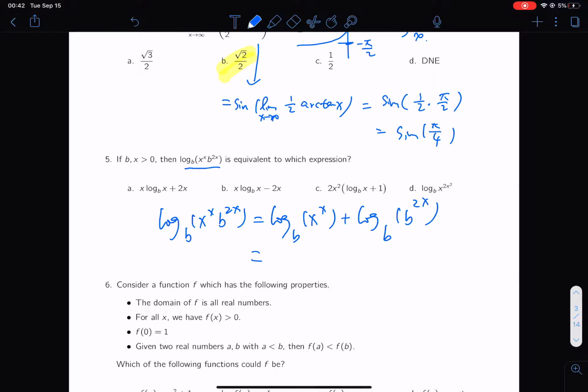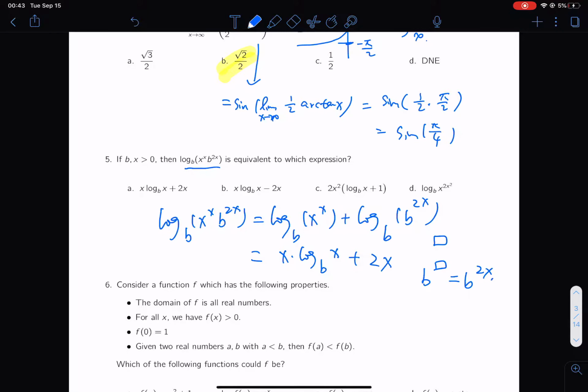So we know this one, x is the power, we can pull it out. So this is equal to x multiplied by natural log base b of x. Then plus, this question is asking what is the value such that b to that power is b to the 2x power. So we know the second part is just 2x.